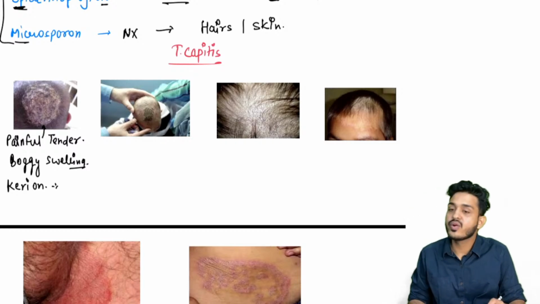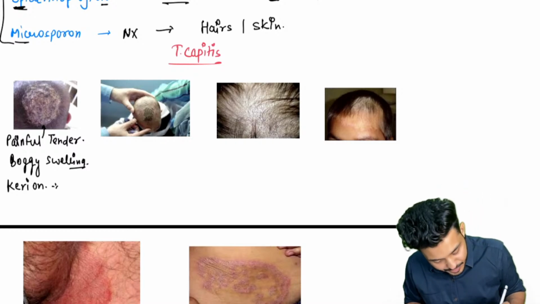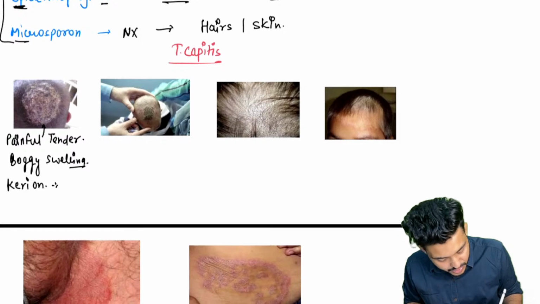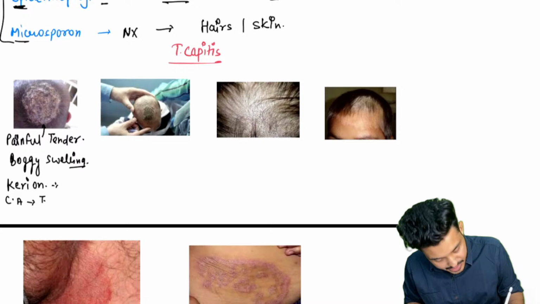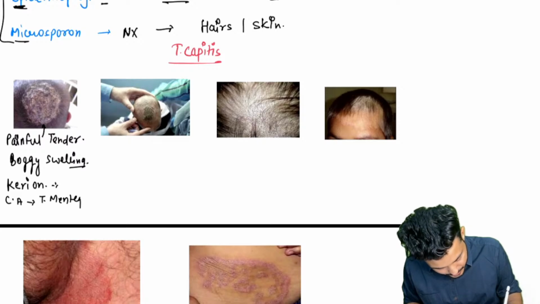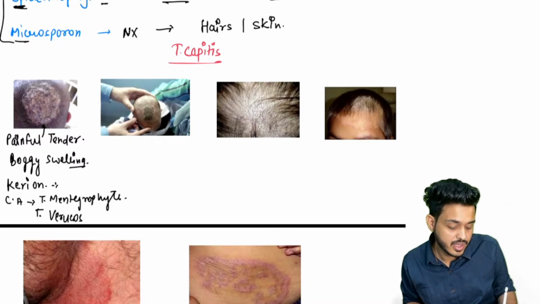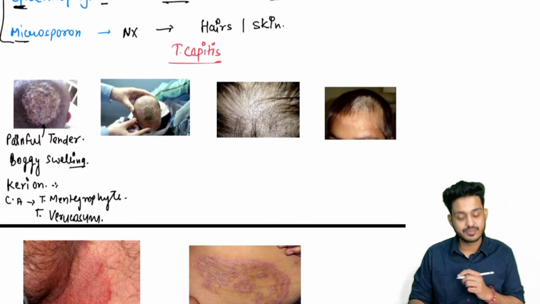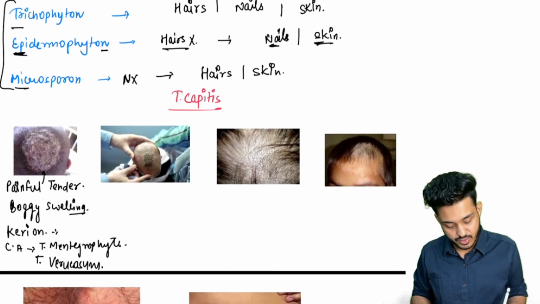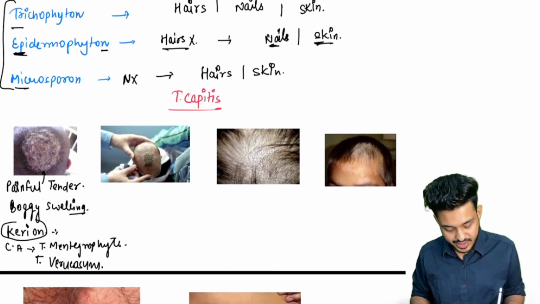What is the causative organism for kerion? Remember guys, the causative organisms for kerion would be Trichophyton mentagrophytes or Trichophyton verrucosum. Okay, this is your kerion.